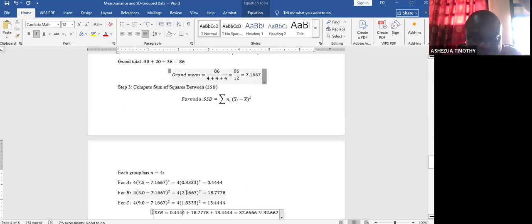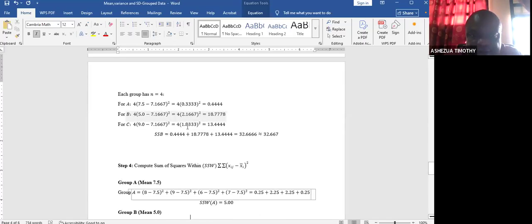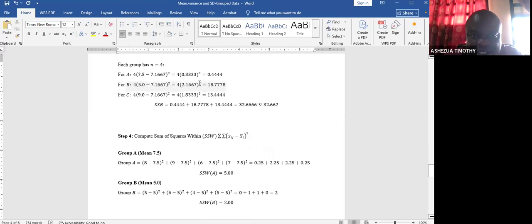The same process applies here. All you need to do is say 2.1667, and from here we get it squared. So it's 2.1667 times 2.1667 times 4. You have to do these computations to confirm what is here.